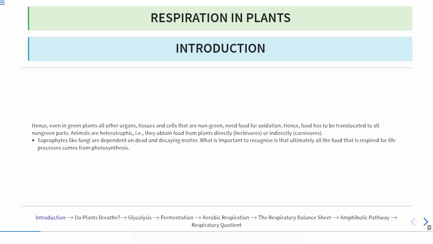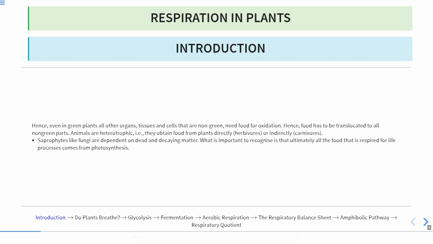For example, the root cells. The cells of the roots do not contain chloroplast, right? But still they require food material. So that is why it is mentioned here: even in the green plants, all other organs, tissues, and non-green parts of the plants need food for oxidation.